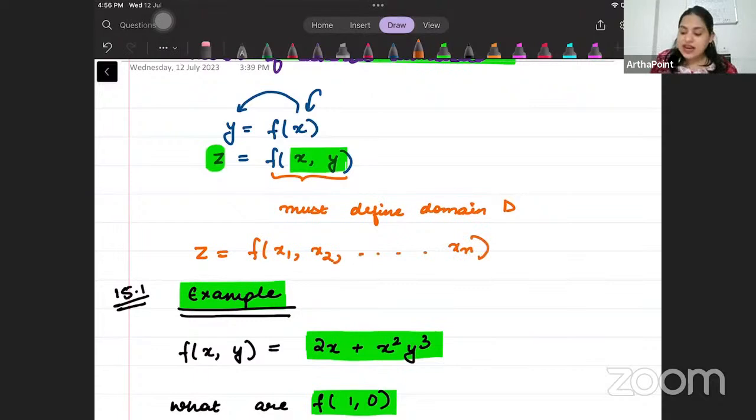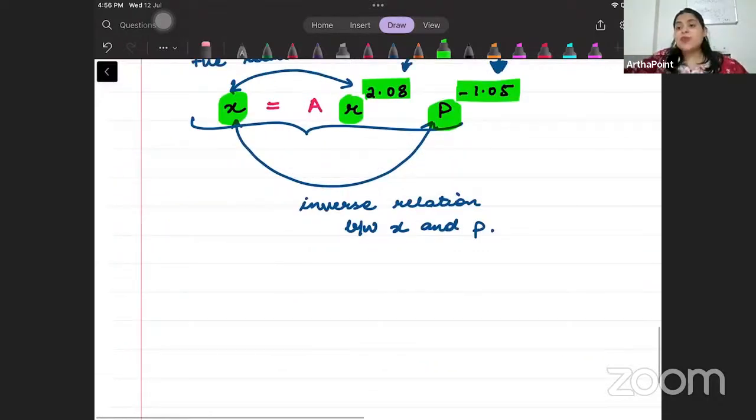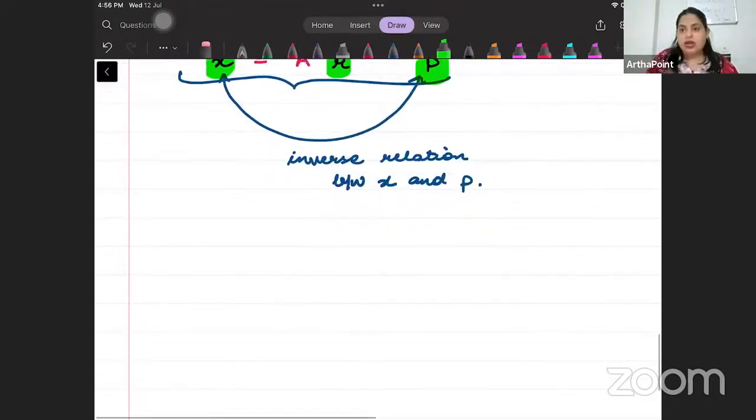So then Z will be called as a function of n variable. दो की जगह पे अब n variable हो गए ना. और जहां जहां पे ये x1, x2 till xn defined होंगे, whatever will be the domain of this, accordingly Z will be defined, right?